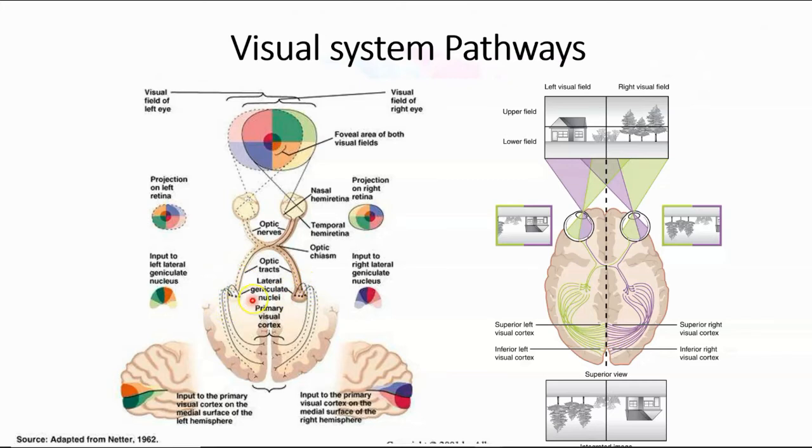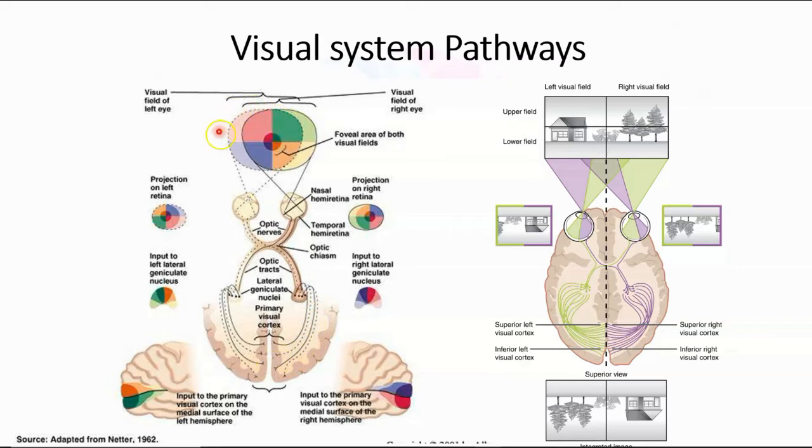The left LGN receives visual information from the left hemifield, and the right LGN receives the information from the right hemifield. The retinotopic maps on the left and right LGN are then projected onto the visual cortex.